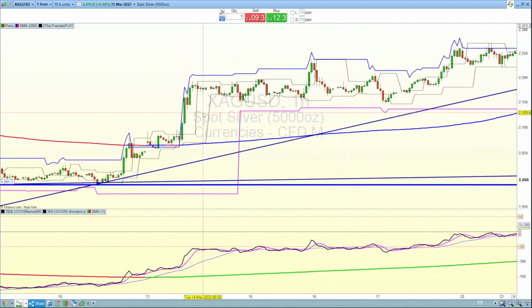From here on, you can see there, that line above the candles, that's the fractals, the upper fractal and the lower fractal. So when you're in an uptrend, you trade when the bar breaks above the fractal, which you did on that bar there. And what I've done here is I've also drawn a blue line, which is basically a target. Because we're trading on the hourly chart, I've put a 1% target in there.